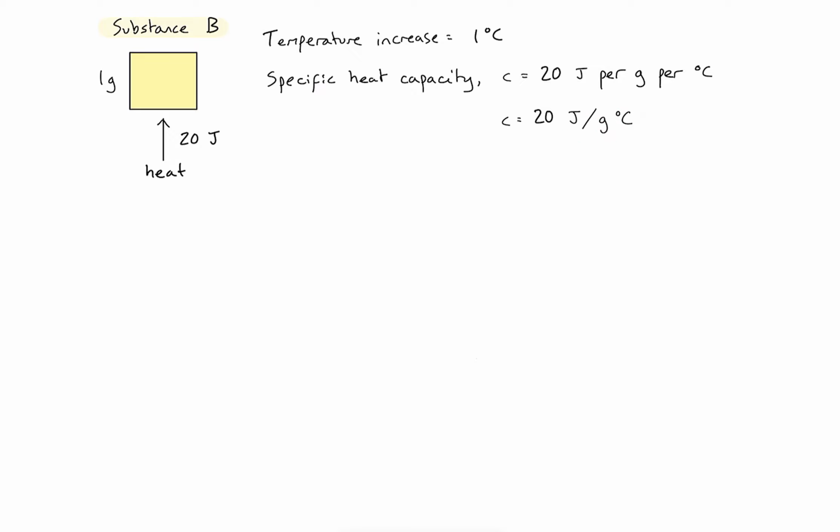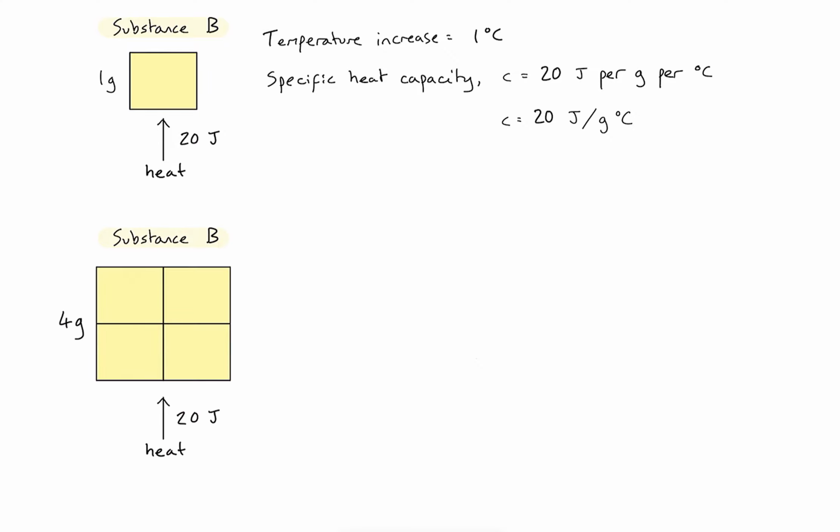So what happens then if I perhaps increase the mass of substance B while still transferring the same amount of energy, which is 20 joules? So what would happen to the temperature increase for this substance? Well, we know that 20 joules of energy will increase the temperature of 1 gram by 1 degree.